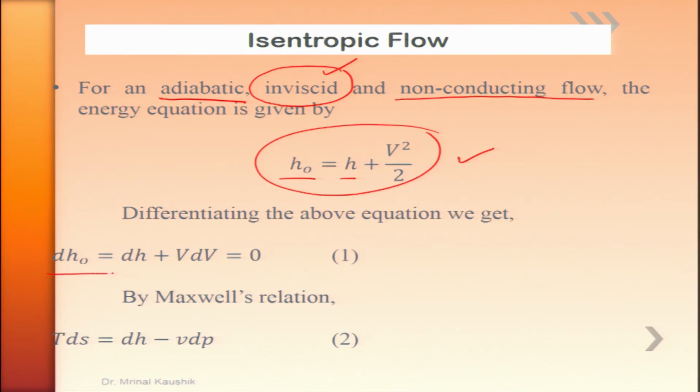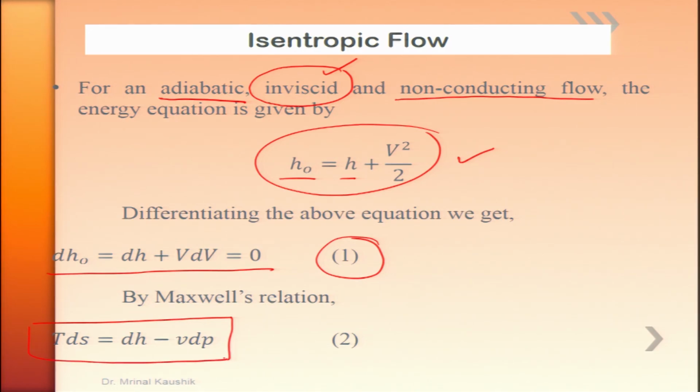It can be differentiated to bring something like this. If you take a derivative on both sides, then dH naught becomes dH plus V dV. Let us say this is equation 1. From combining the first and second laws of thermodynamics, Maxwell obtained this equation, which we have already seen while discussing thermodynamics: TdS is equal to dH minus VdP.